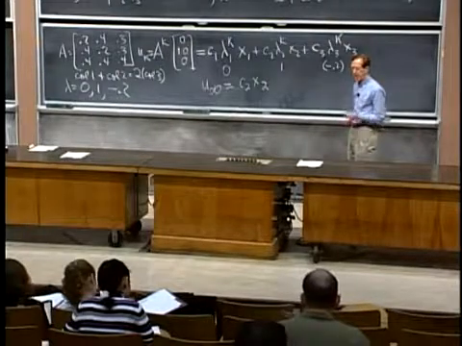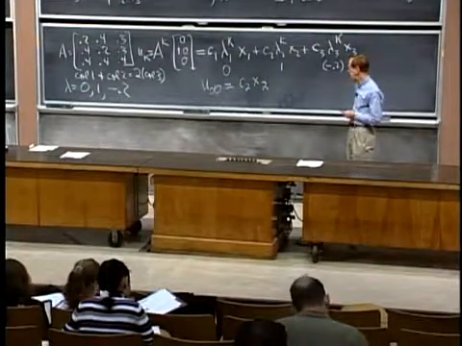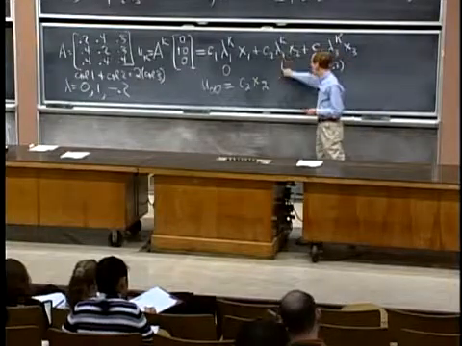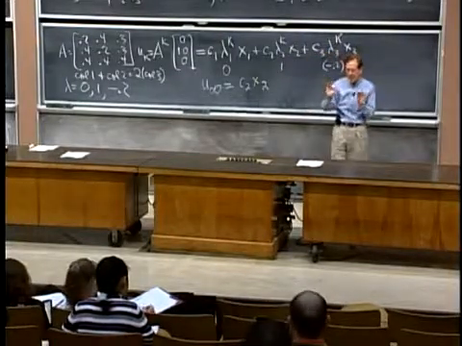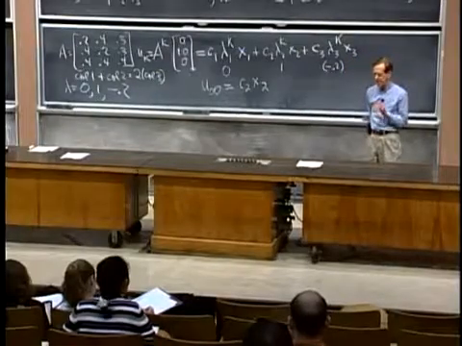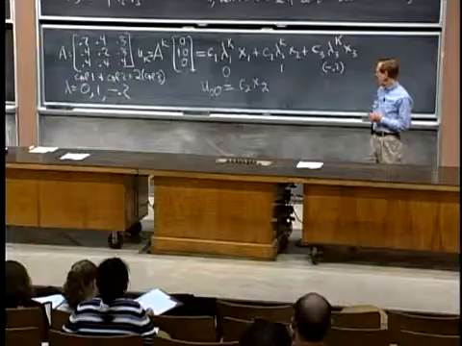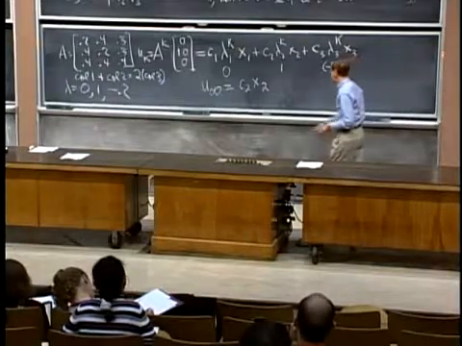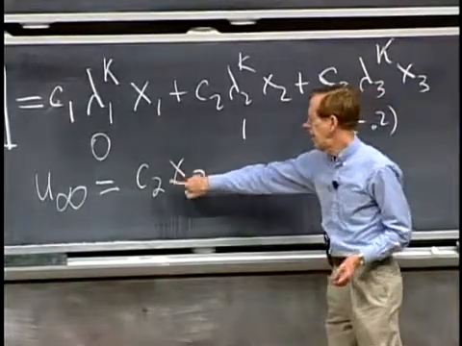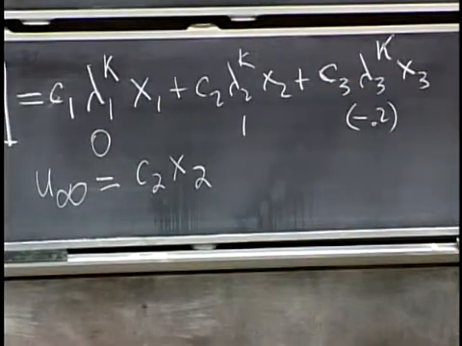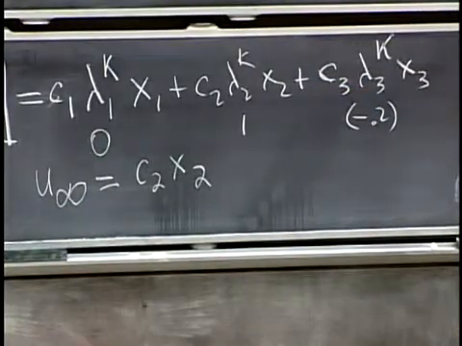I've got to find that eigenvector to complete the answer. What's the eigenvector that corresponds to lambda equal 1? That's the key eigenvector in any Markov process. Lambda equal 1 is an eigenvalue. I need its eigenvector x2. And then I need to know how much of it is in the starting vector u0.